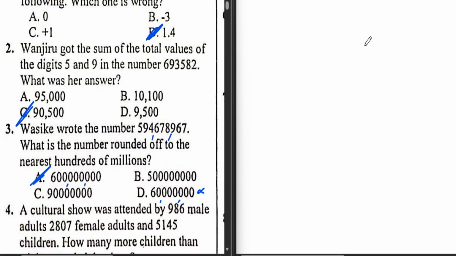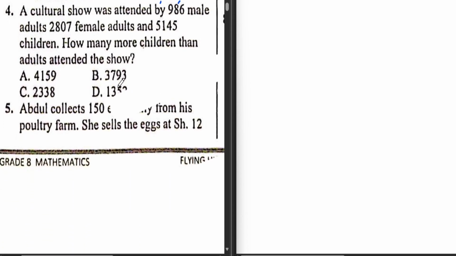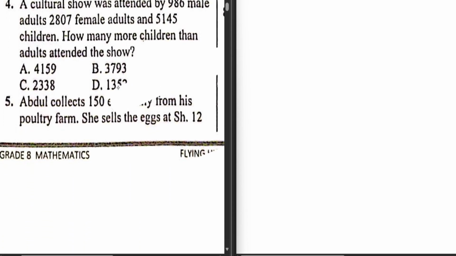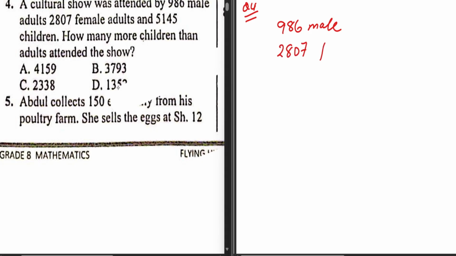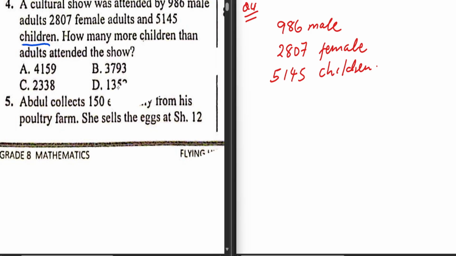Now question 4. A cultural show was attended by 986 male adults, 2,807 female, and 5,145 children. The question asks how many more children than adults attended the show. Remember, the adults consist of two groups, the female and the male.